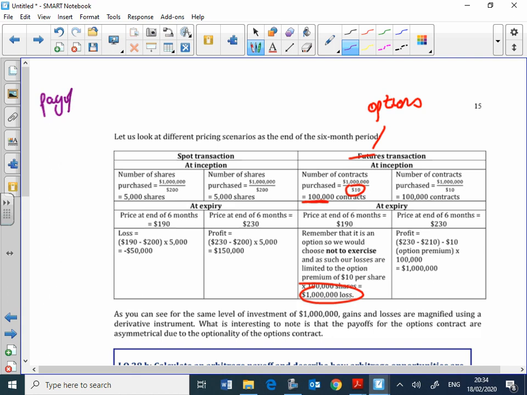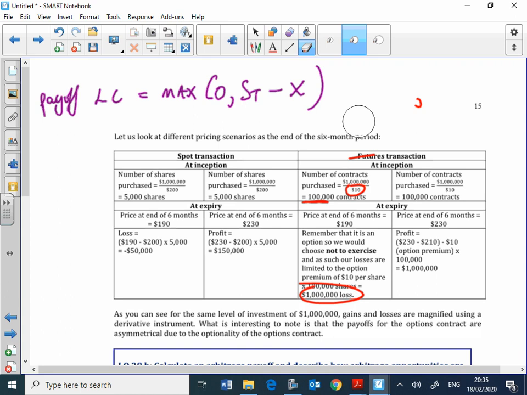Payoff for a long call is equal to, remember, guys, it's a max of 0 or ST less X. Let's put some numbers to that, and what would you tell me? So 0 or ST is what?